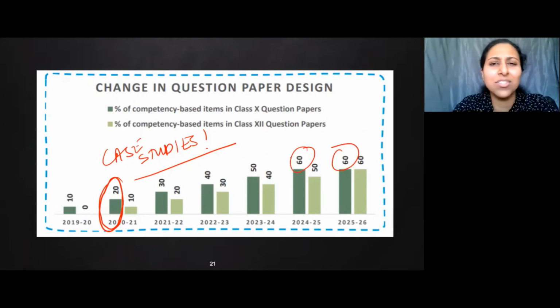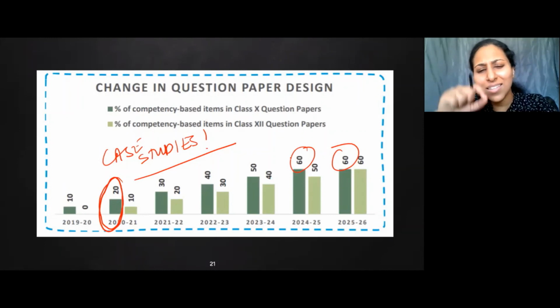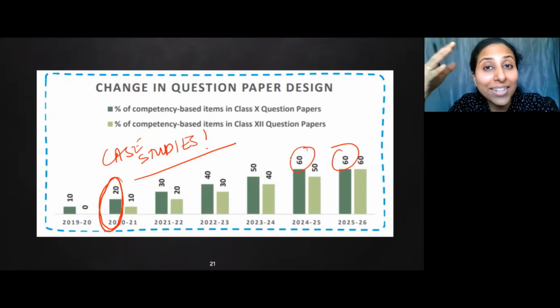Let us embrace this change wholeheartedly. There's nothing to get worried about over here. It is a good path that is being followed. And there is another part to why case studies are there in your exams, which is what exactly the case study tests. This will be discussed in our next lesson.